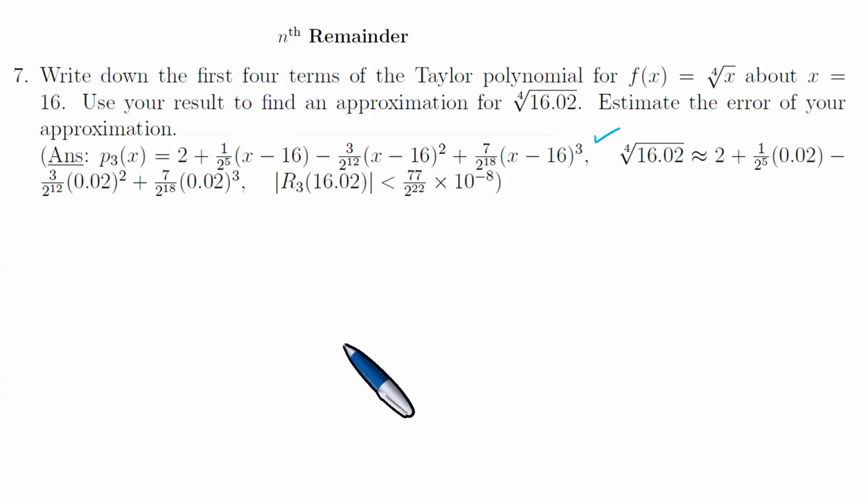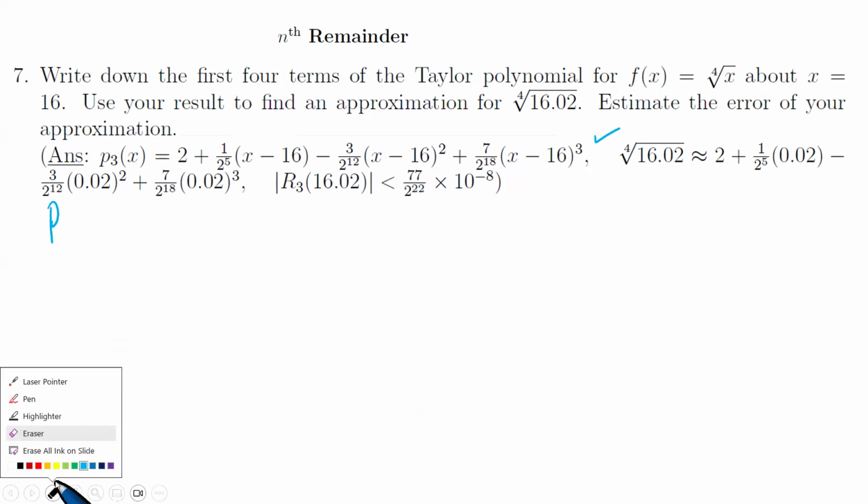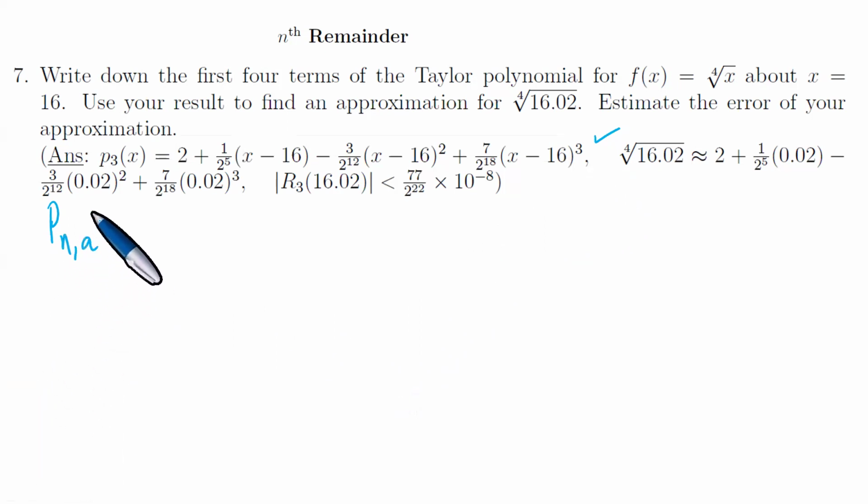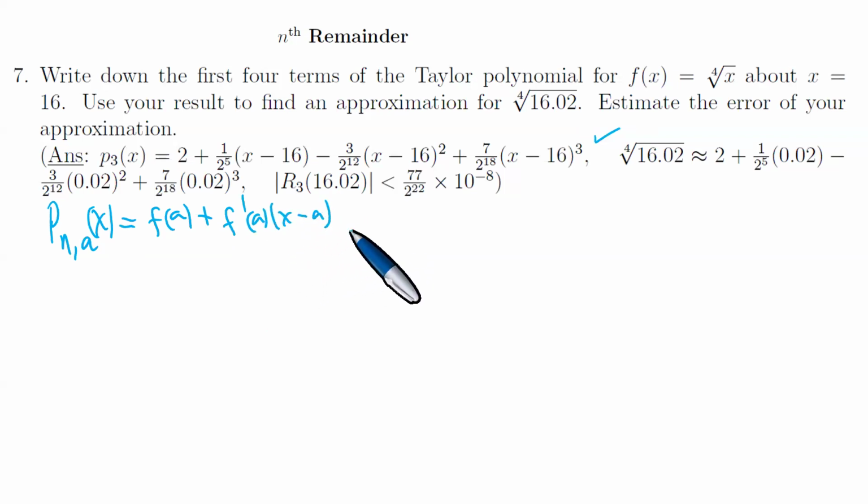Right. So now Taylor, like we said before, it becomes P_n,a of x, which is f of a, plus f primed of a times (x minus a), plus f double primed of a over 2 factorial times (x minus a) squared. Okay, I'll put a 2 at the bottom of the f.